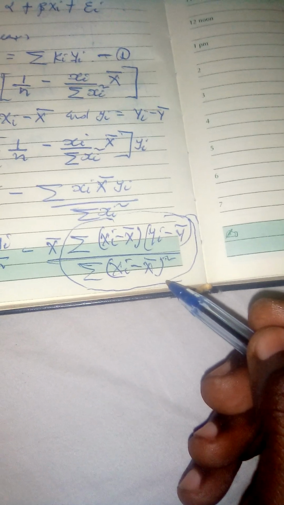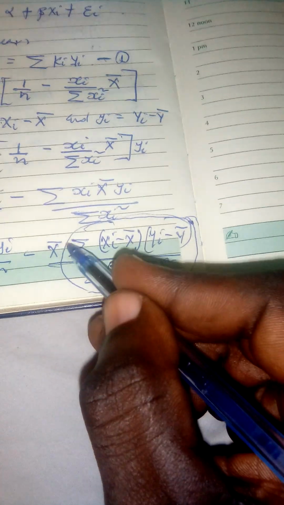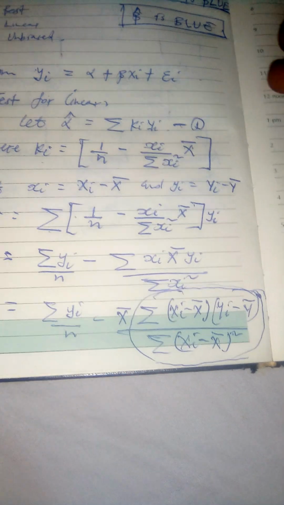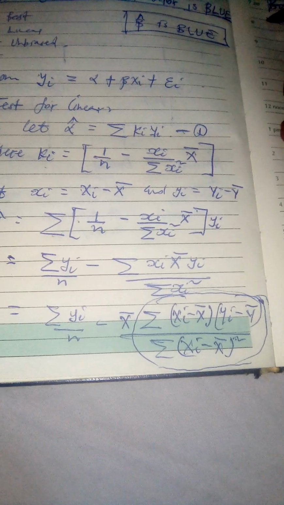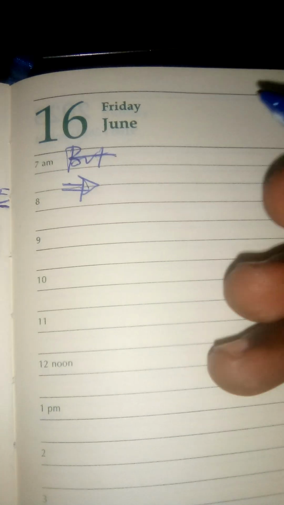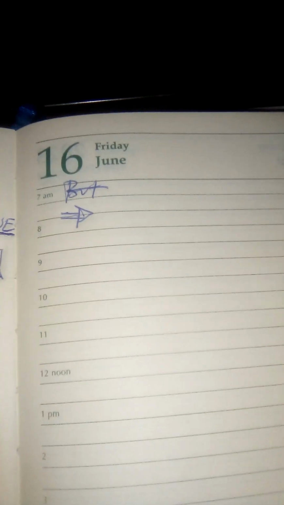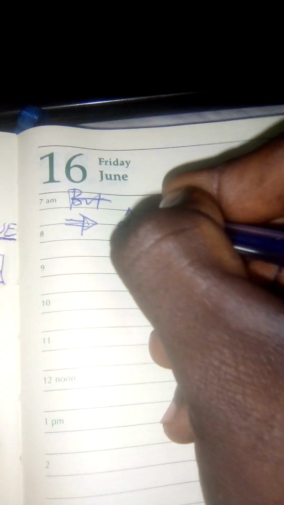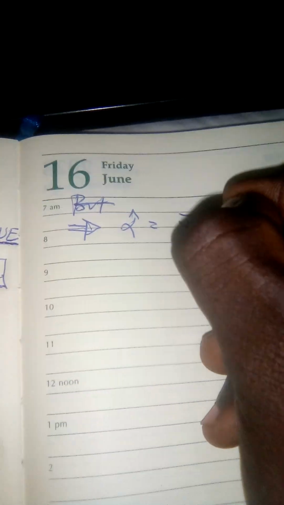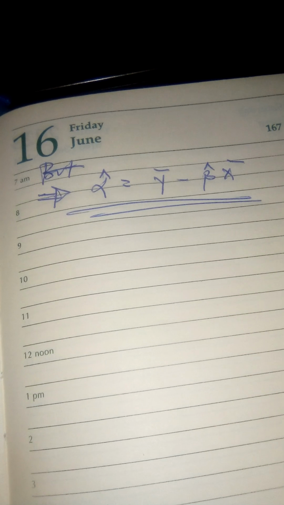Whenever we are estimating it, the whole of this gives us beta hat. So it implies that alpha hat equals y bar minus beta hat x bar. So that's what we've got.